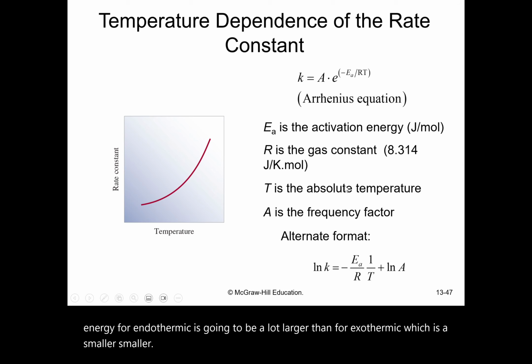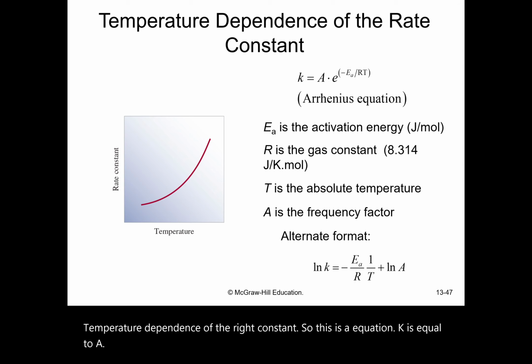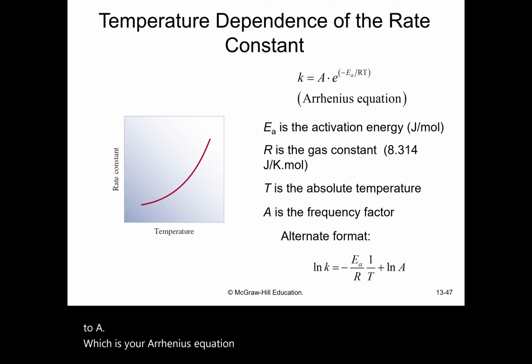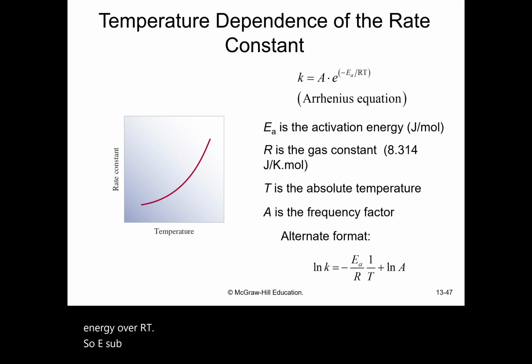Temperature dependence of the rate constant. This equation, K is equal to A, is your Arrhenius equation, times e to the power of negative activation energy over RT. E sub A is the activation energy, units are joules per mole, R is the gas constant.